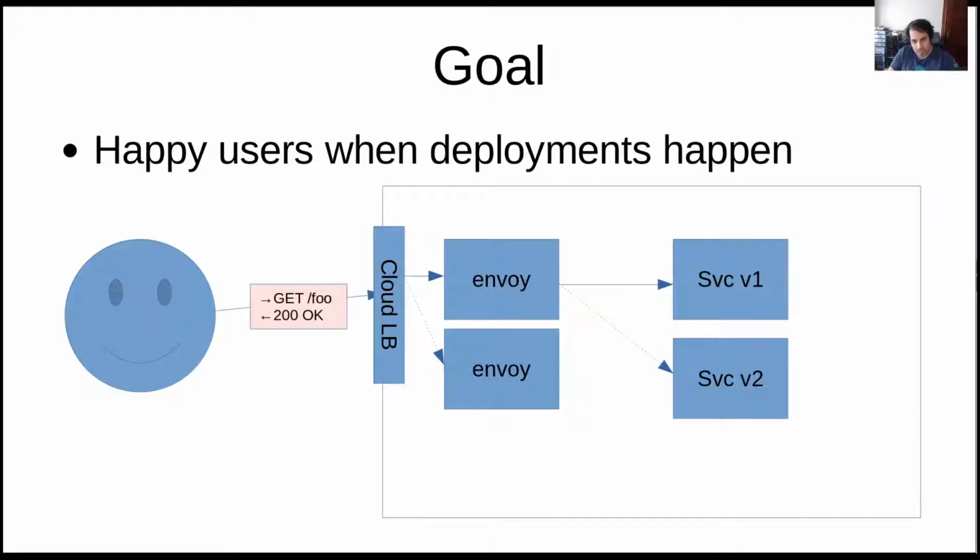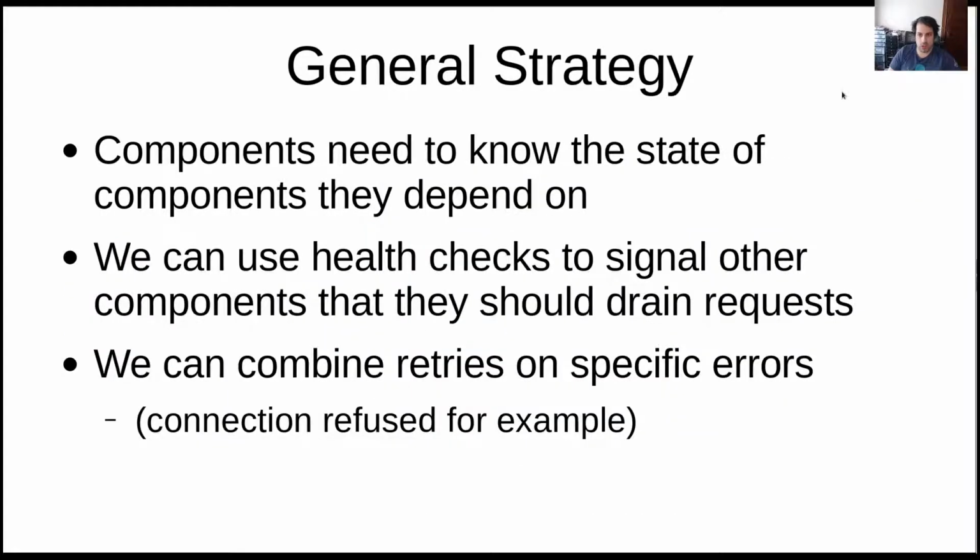Presumably it looks simple, but because of all the moving parts, it gets a little bit more complicated. So the general strategy is to have each component in these layers that we just discussed understand the state of the components they depend on.